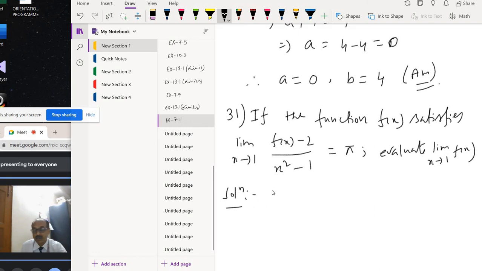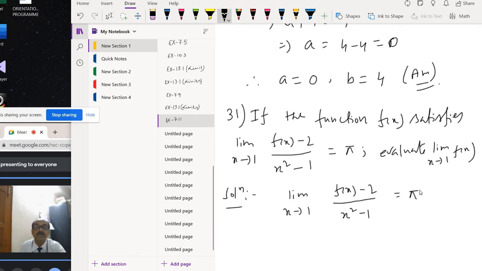So it is given limit x tends to 1, (f(x) minus 2) by (x square minus 1) equal to pi.